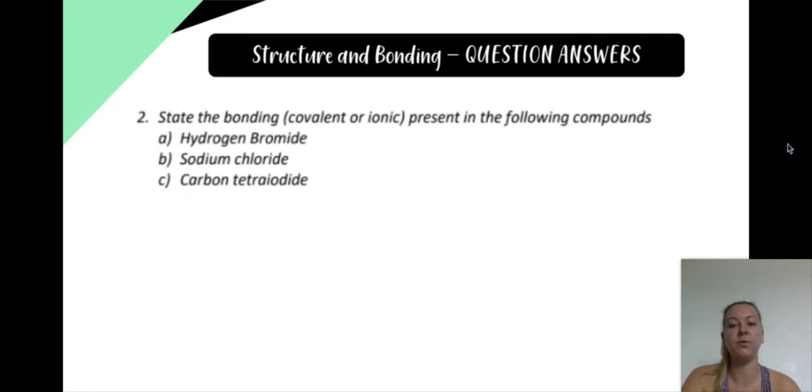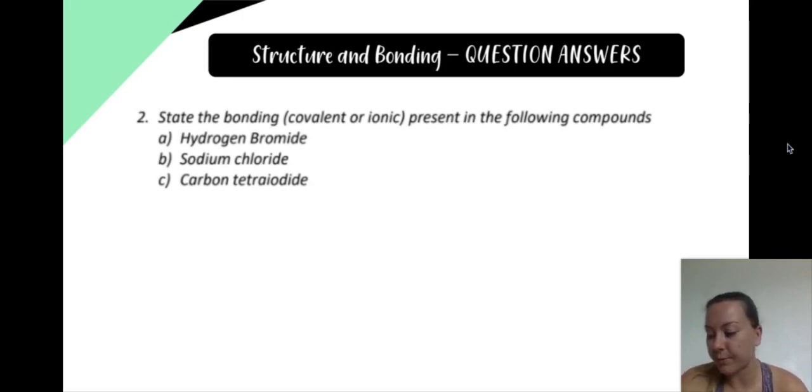Question 2. State the bonding, either non-polar, polar, or ionic, for the following compounds. Hydrogen bromide, first of all. Like I said before, I would draw the symbols first. So hydrogen, line, Br.